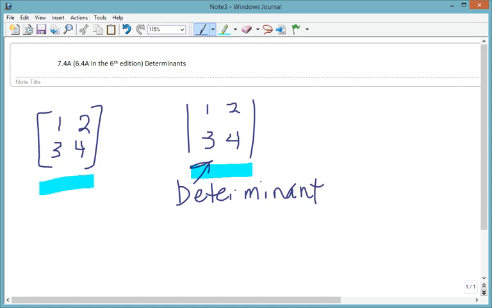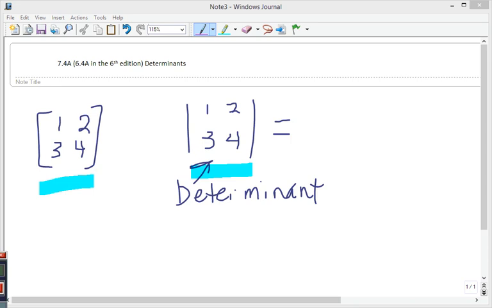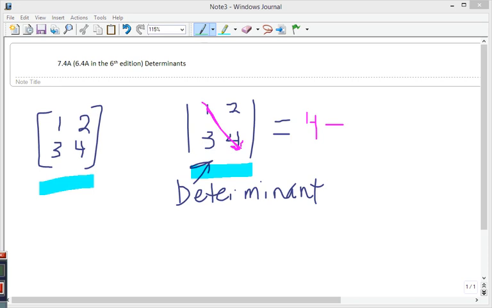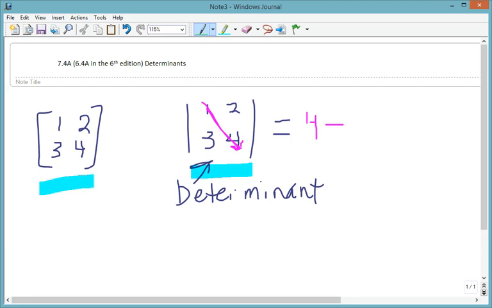Now, we'll start with a 2 by 2. It's really a simple little process to find the determinant. You start in this upper left-hand corner. We multiply these numbers going down across the corner, right? 1 times 4 is 4. And then we subtract going the other way.